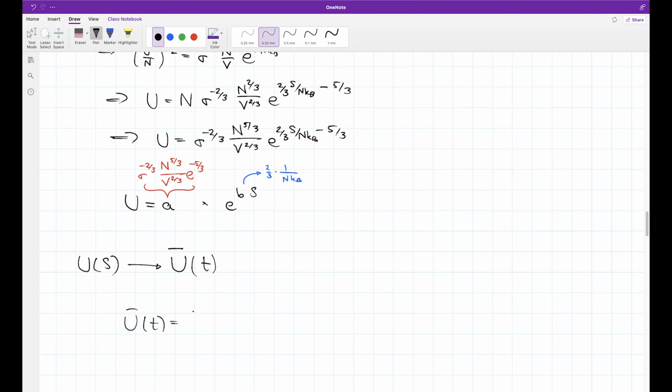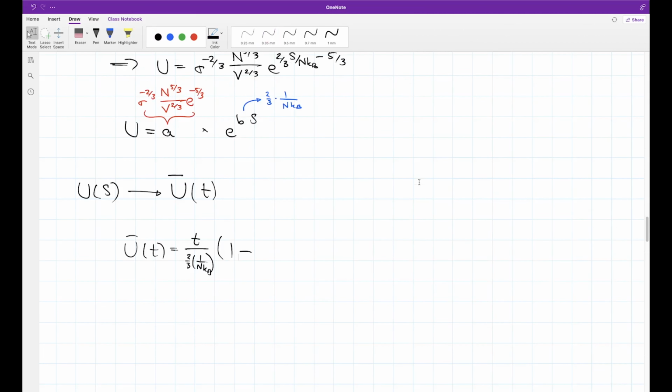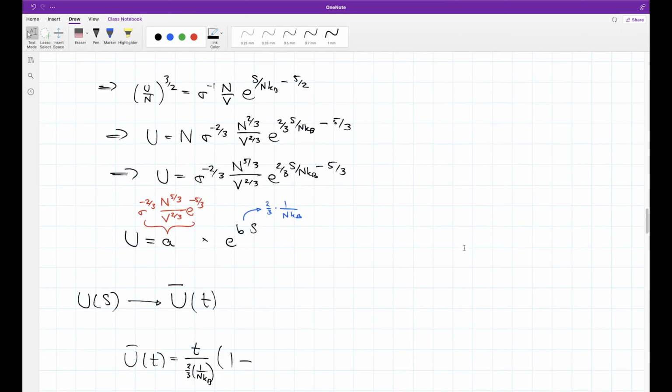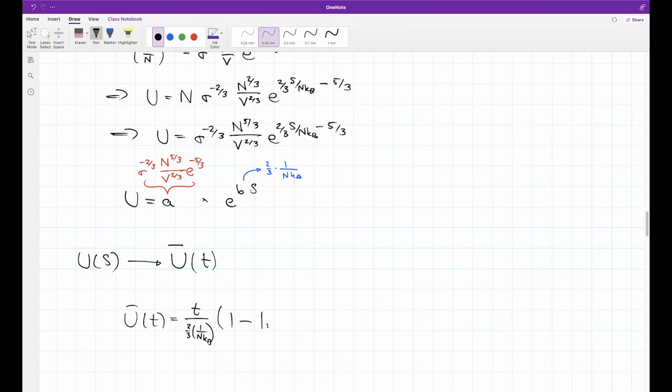So our P is replaced by a little t. So t over 2/3 1 over N k_B, and then 1 minus log of P over AB. And so P again is replaced by a little t over AB. So A is all this stuff.